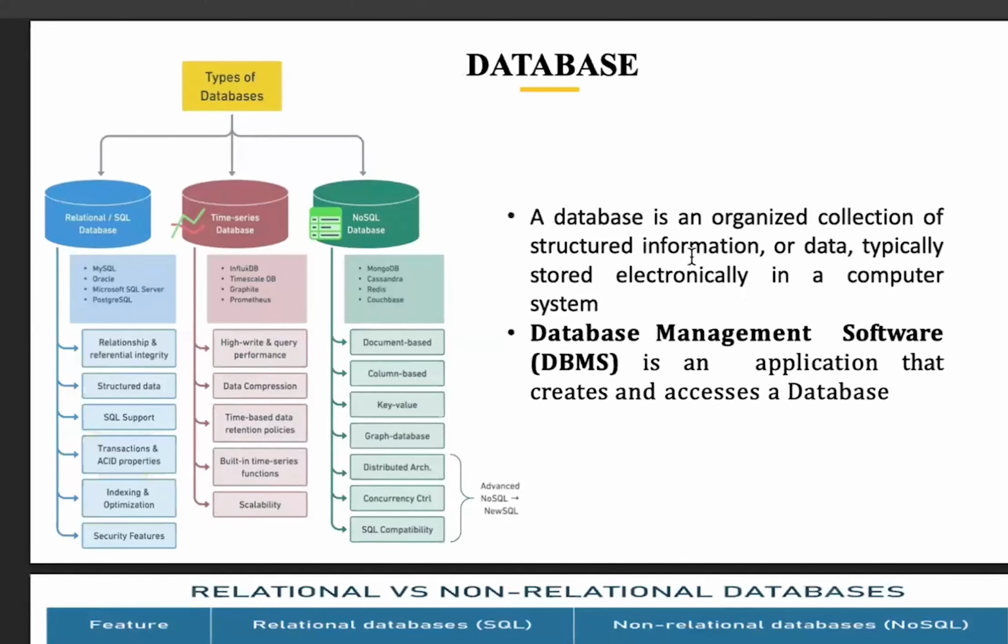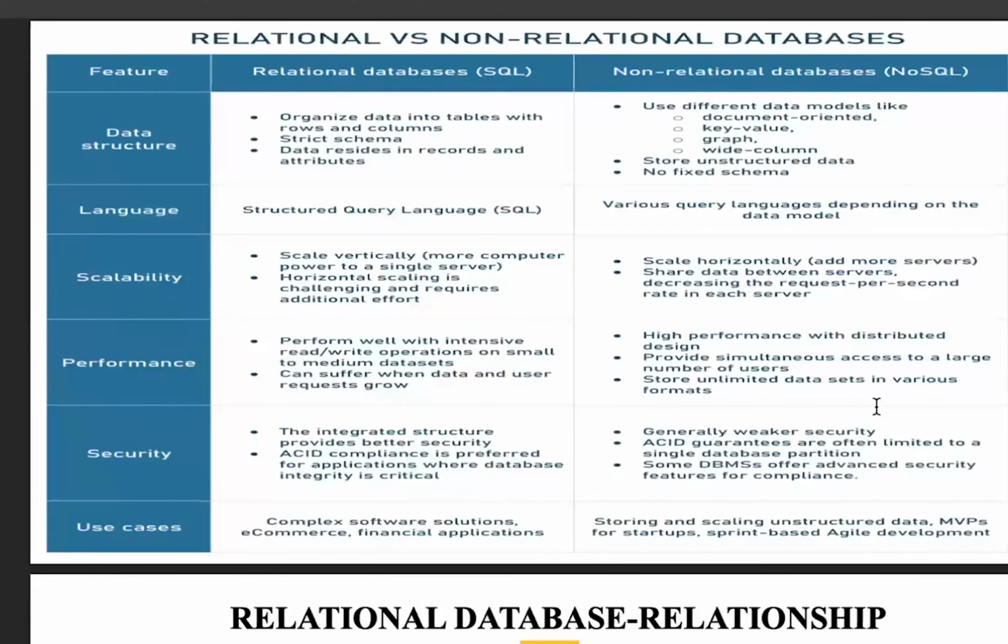Basically, a database is an organized collection of structured information or data typically stored electronically in a computer system. A database management system, DBMS, is an application that creates and accesses a database. There are two major types of databases: relational database and non-relational database.